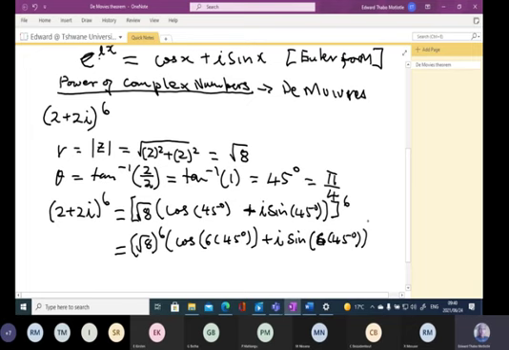You can use the square brackets outside, it's fine. Now, root 8 to the power 6 will give you 512.